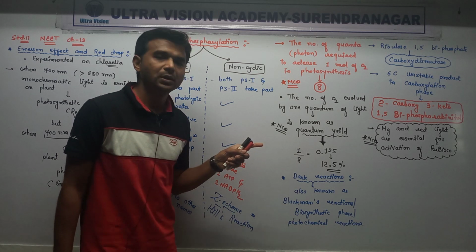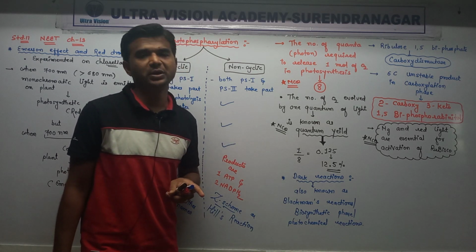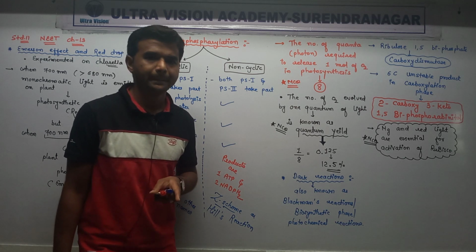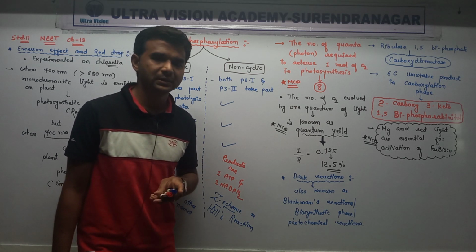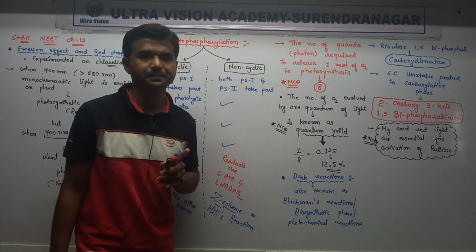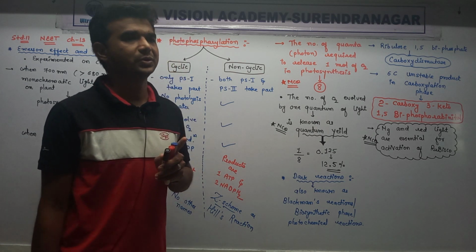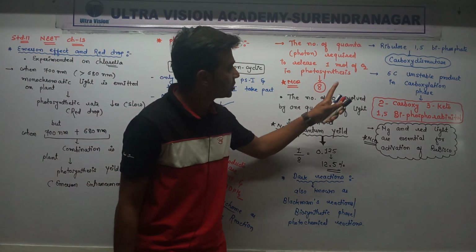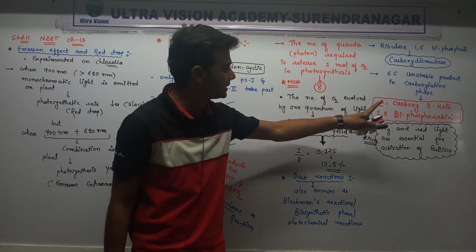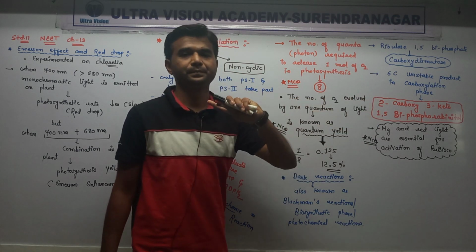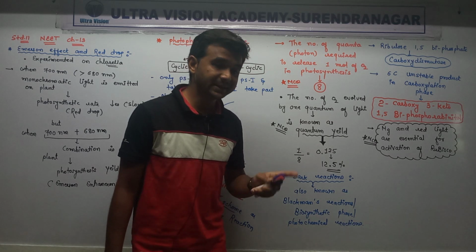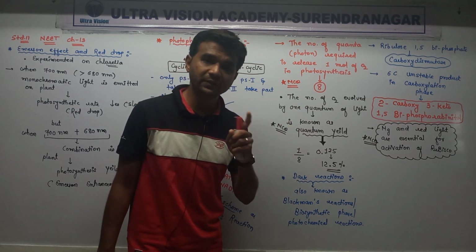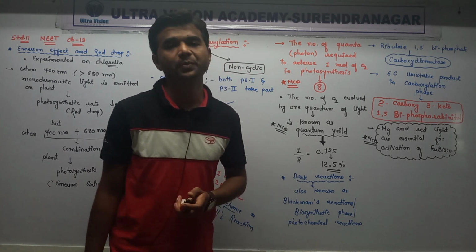As you know, for the formation of one molecule of glucose, 6 Calvin cycles are required. So in 6 Calvin cycles, 6 RuBP binds to 6 CO2, and 6 molecules of 6 carbon unstable product are generated. Now, these 6 molecules of 6 carbon unstable product are converted into 12 molecules of PGA.